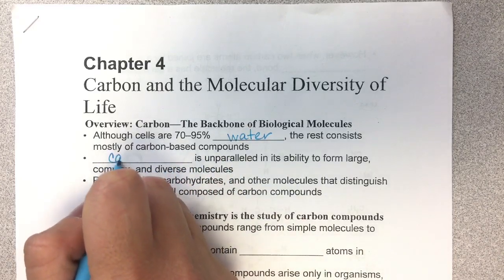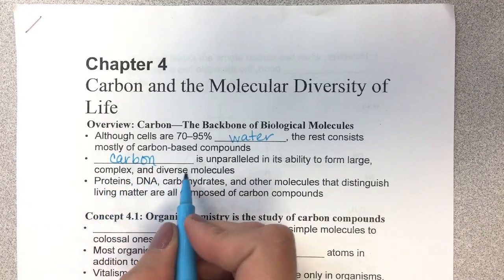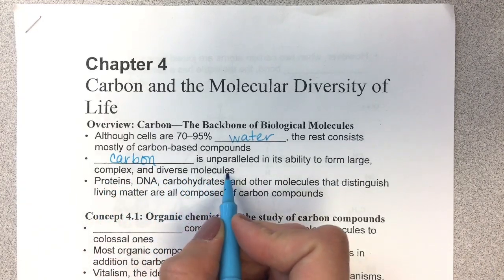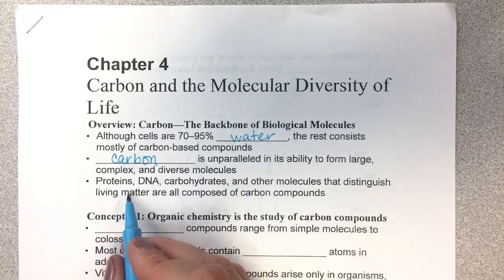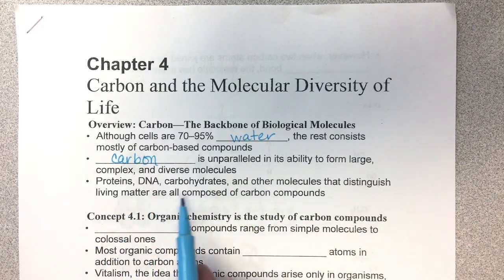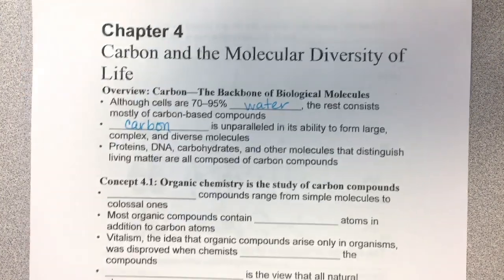So carbon is unparalleled in its ability to form large, complex, and diverse molecules, and we'll look at why that is. So all of our major macromolecules, macro means big, proteins, DNA, carbohydrates, other molecules, are all composed of what we call carbon skeleton or carbon compounds.